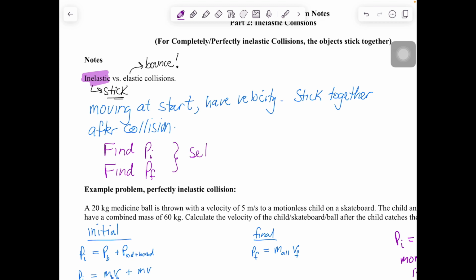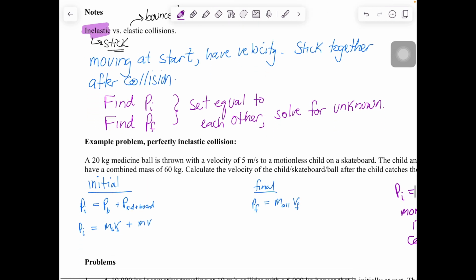And then you're going to set those two things equal to each other and solve for your unknown. So let's take a look at an example problem.